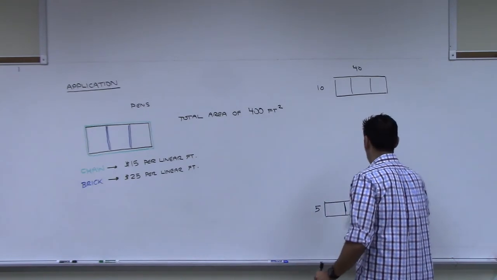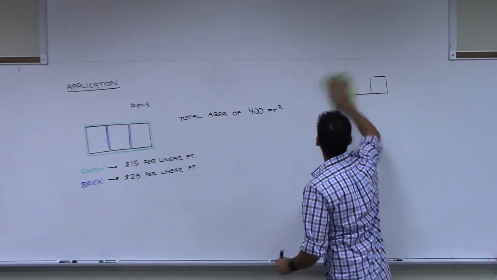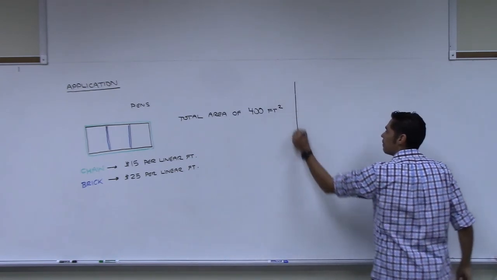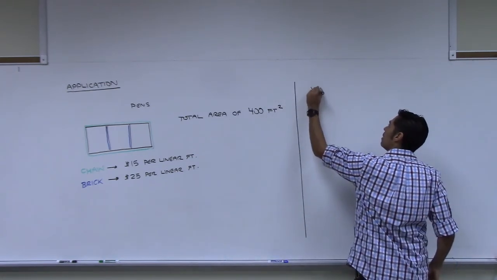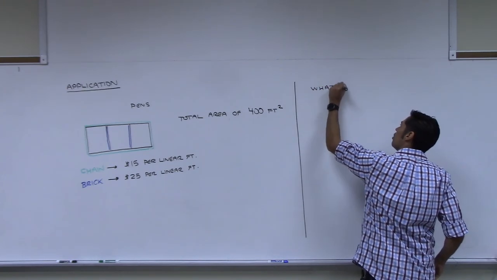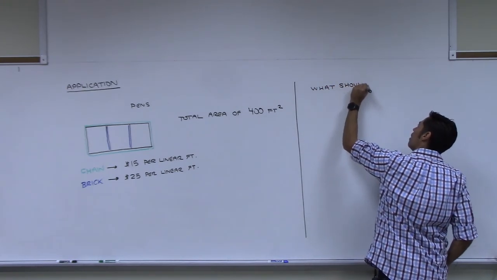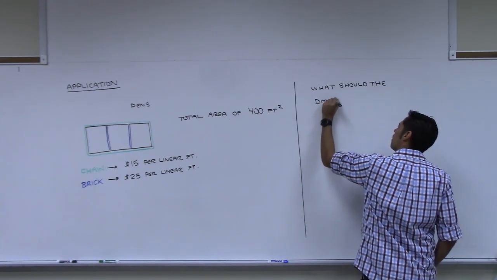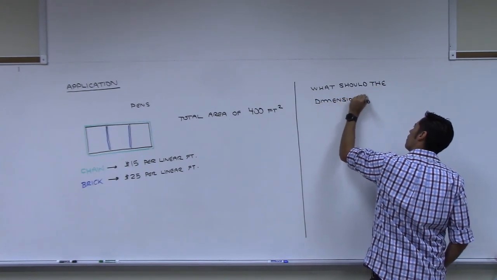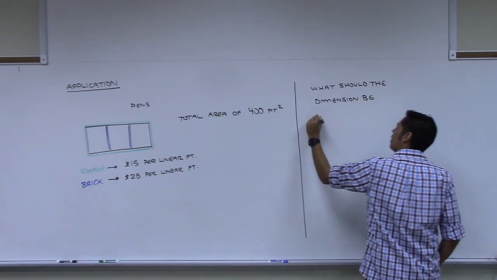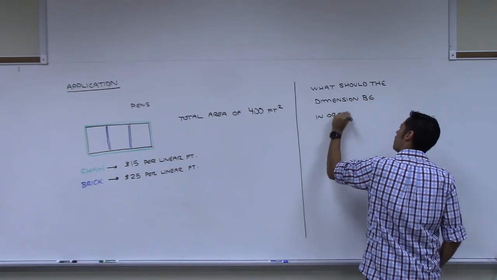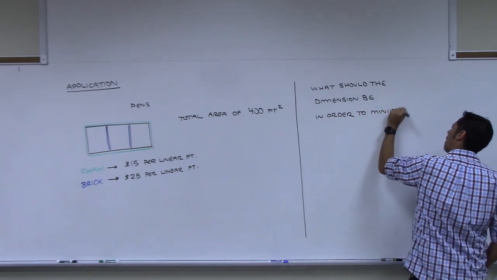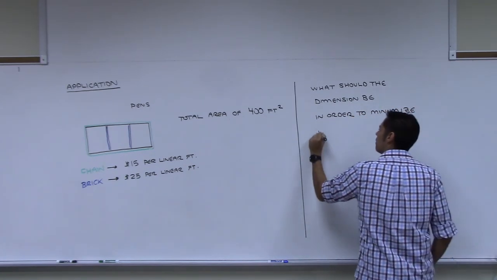How much will it cost me to build this fence? And here's the thing. I don't know what the dimensions are. Let me put the question up here. What should the dimensions be in order to minimize the cost?